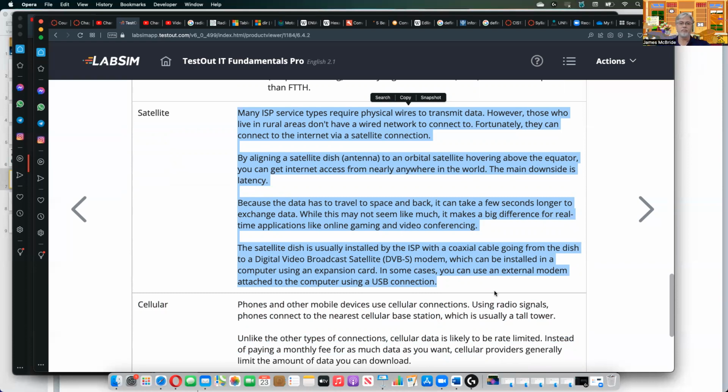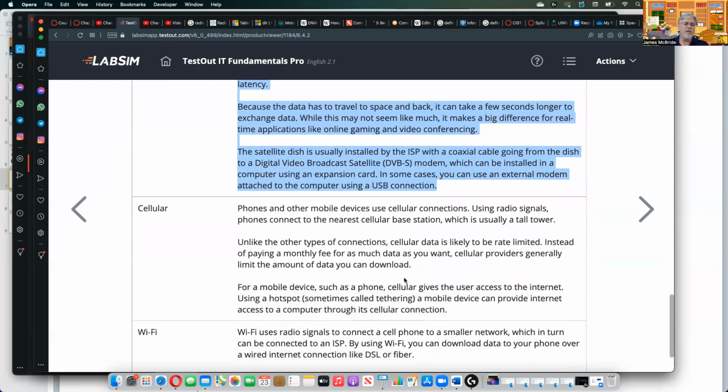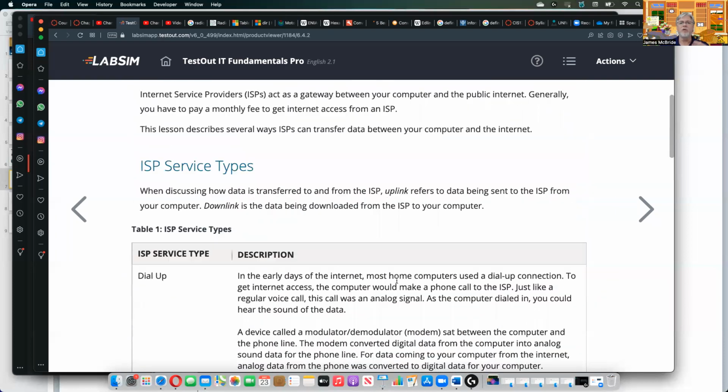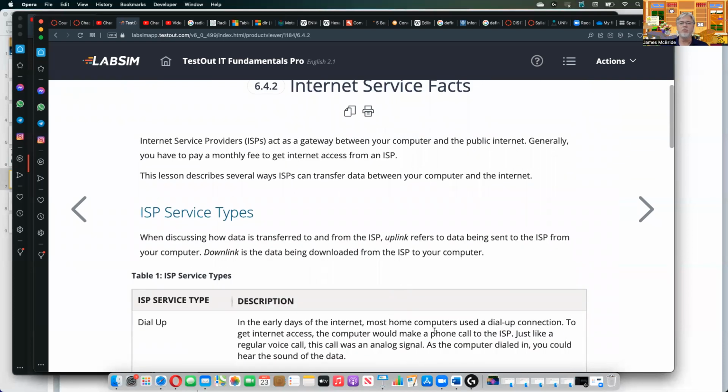But it's everywhere. It's in Montana, it's in Wyoming. They can get that to happen there. And there's companies that are expanding that and trying to make it so you have super fast internet from satellite, basically wherever you are in the world. But these are the main ways that you can connect to your ISP that's going to allow you to connect to the internet.